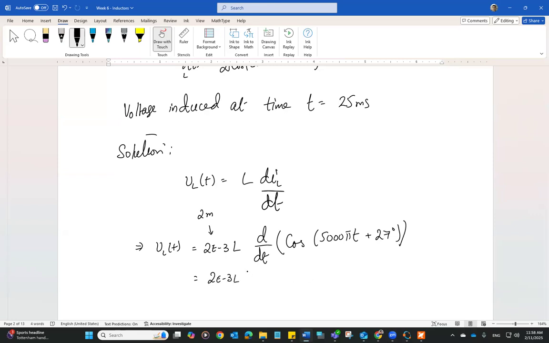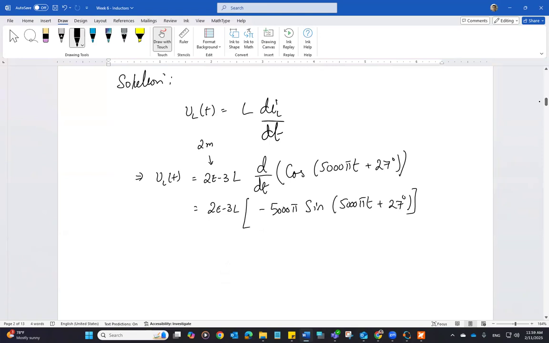And we take the derivative of that, which is going to come out to be negative sine of the angle, and then the derivative of the angle. So that's going to be negative 5000 pi sine(5000 pi t plus 27 degrees). And then we're going to go ahead and plug in the time.